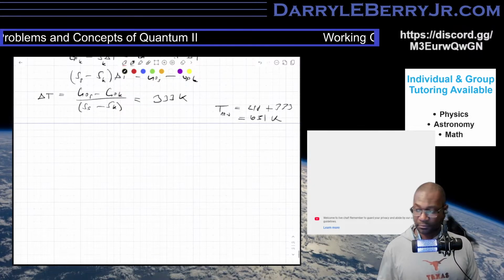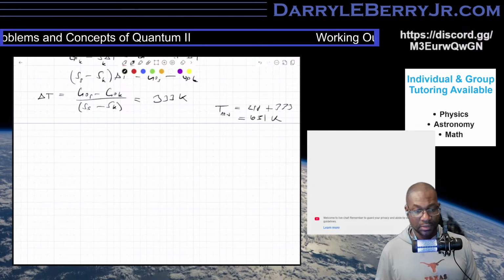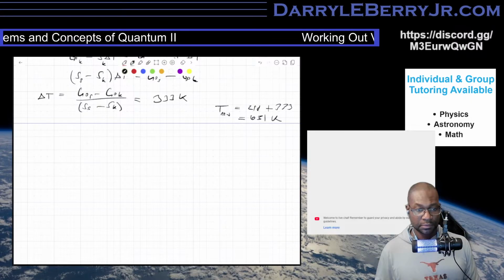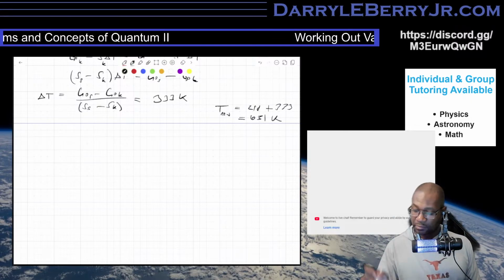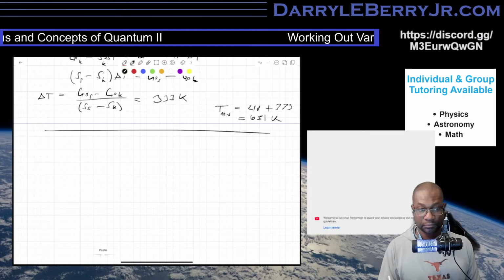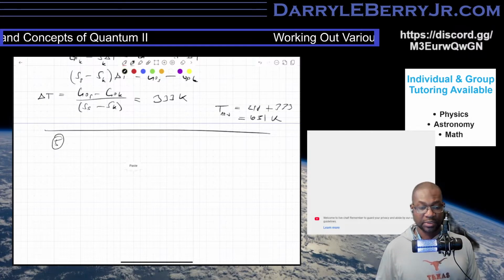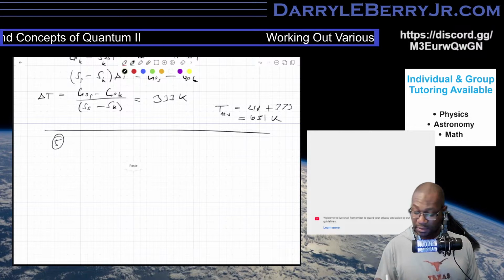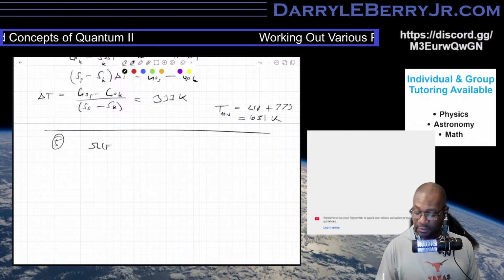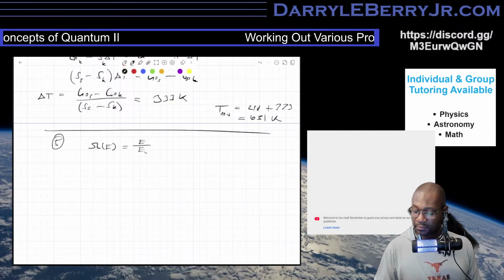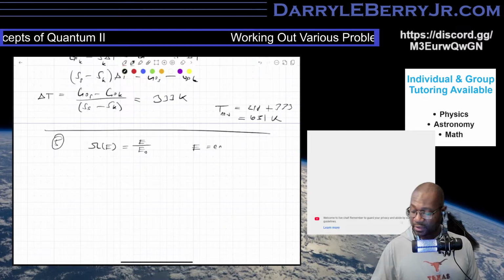All right. So the last one, this won't take long at all. So we have a system, and the multiplicity of the system is this. Those who've been following along, you're familiar with what the multiplicity is. And E equals energy is a constant.